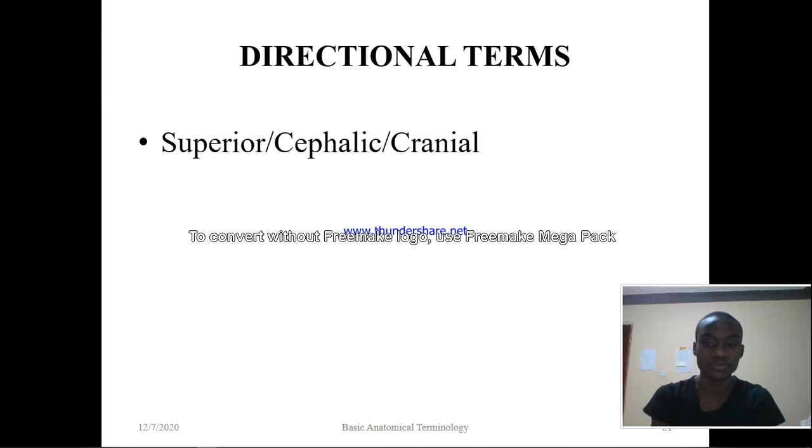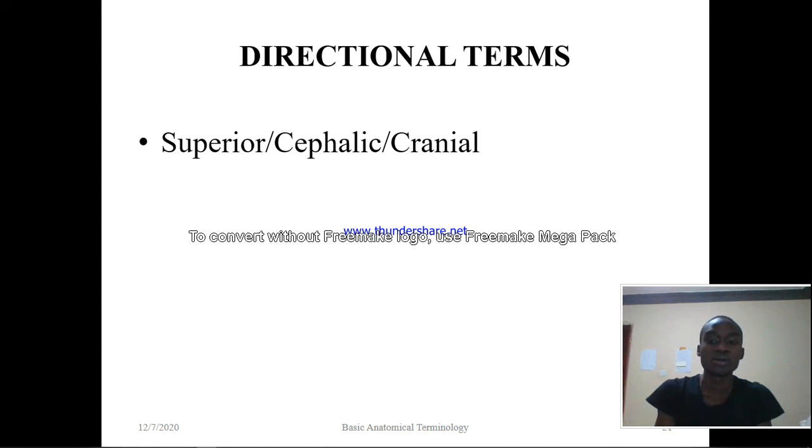Usually superior is referring to something towards the head region or area, which we called cranial in part 1. That cranial region is also referred to as the cephalic region. If you are locating something in the cranial region, you are likely to use the term known as superior.